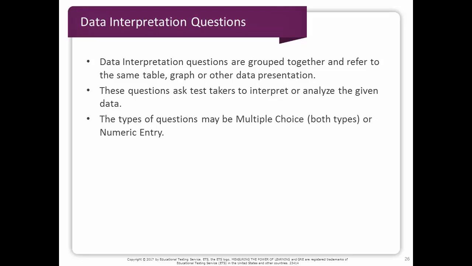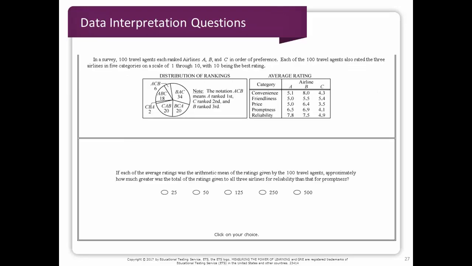Take a moment to look at the following example. The question asks, if each of the average ratings was the arithmetic mean of the ratings given by the 100 travel agents, approximately how much greater was the total of the ratings given to all three airlines for reliability than for promptness? The first step is to determine the difference between the average ratings of reliability and promptness.